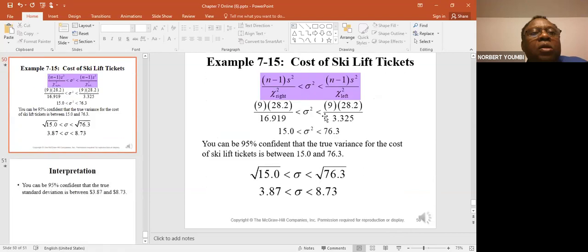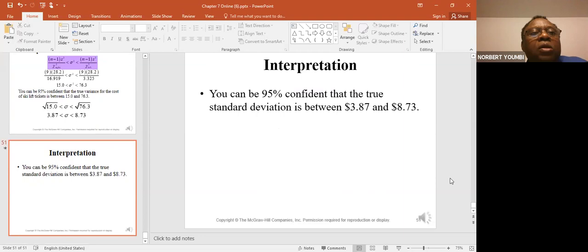So we will replace those values into the formula here, and we get 15.9 less than sigma squared less than 76.3. Taking the square root, we get 3.87 and 8.73. So you can be 90% confident that the true standard deviation is between 3.87 and 8.73.